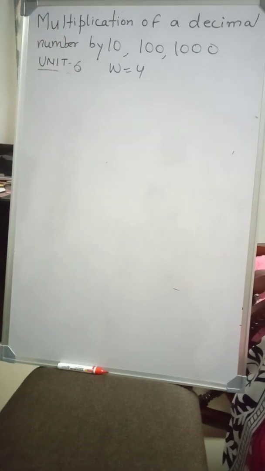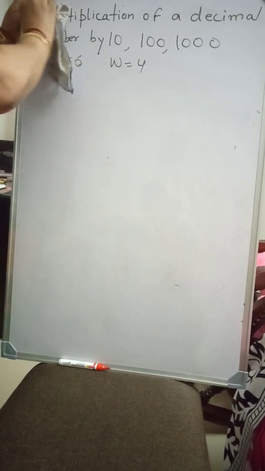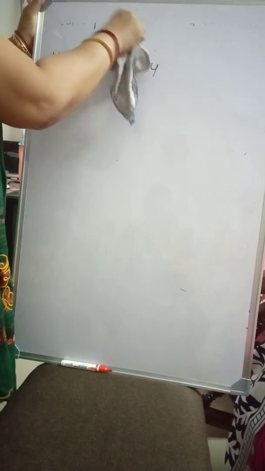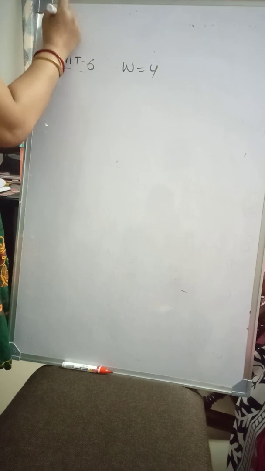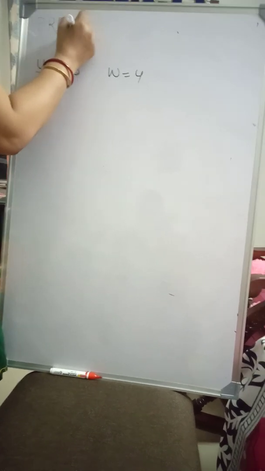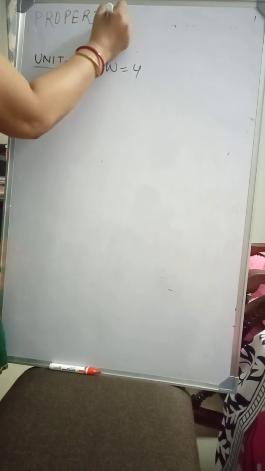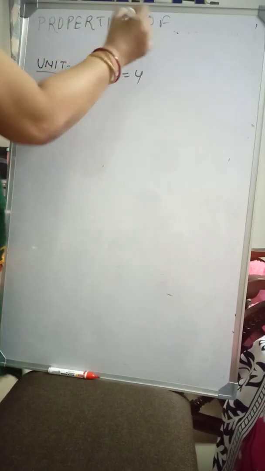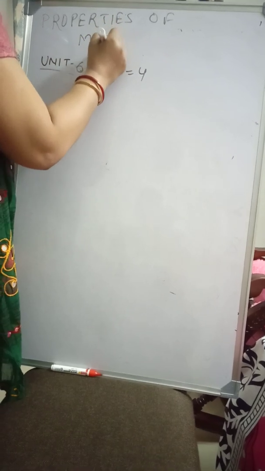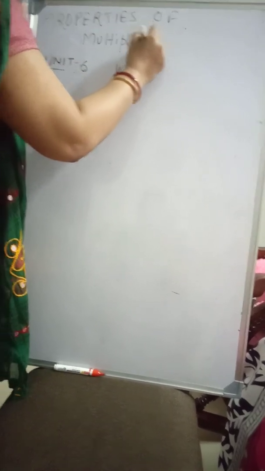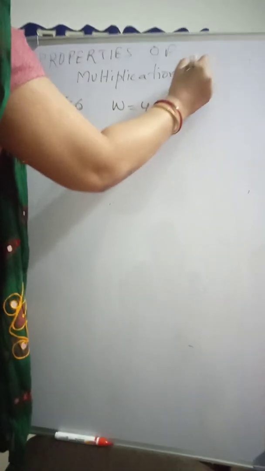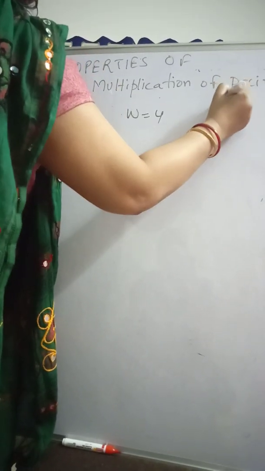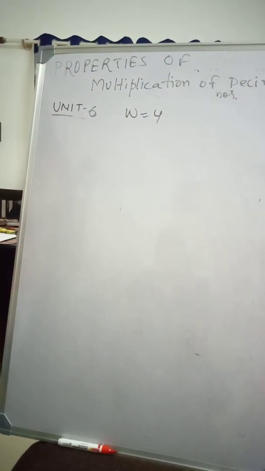The topic is properties of multiplication of decimal numbers. Right? Now come to worksheet number 4.